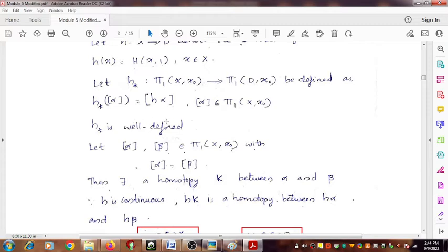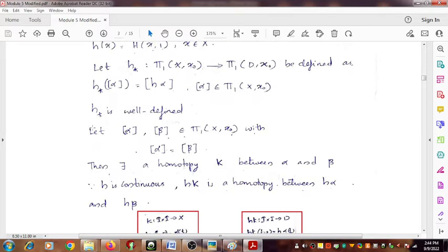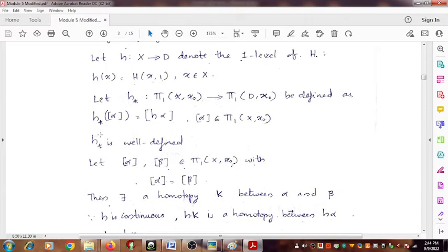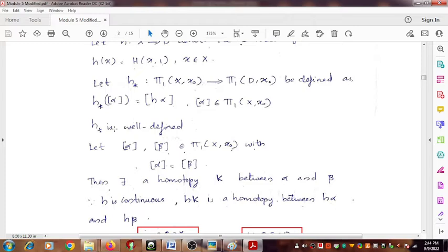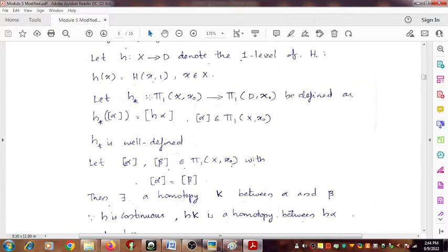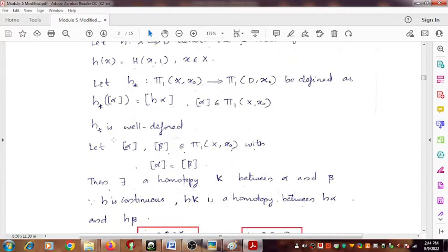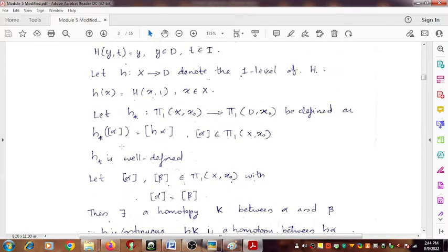We want to verify whether this definition is okay according to the basic requirements. Then we will show that h star is a homomorphism, that it preserves the group operation, and then we will show that it is one-to-one and then onto. So these are the steps that we want to go through.